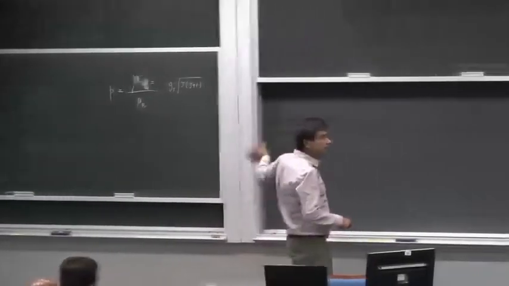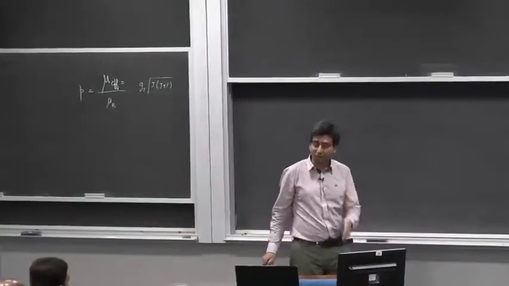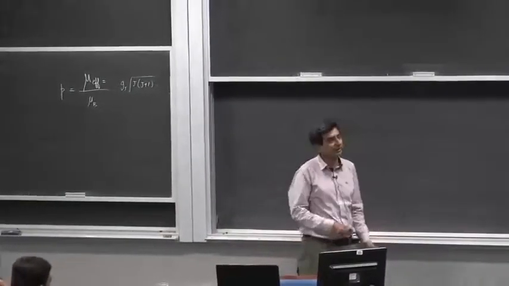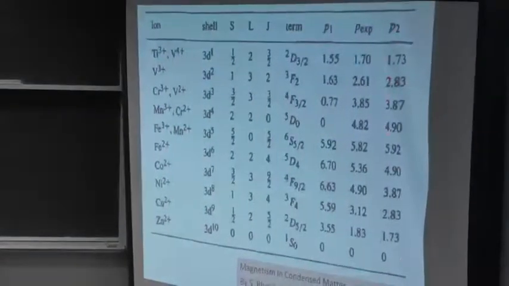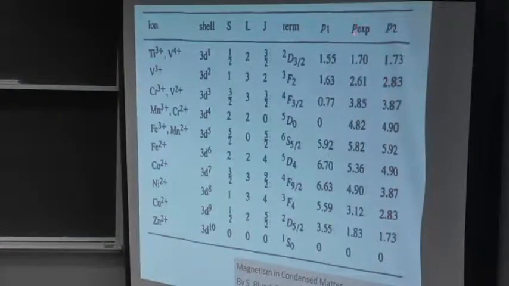If I use these values, instead of using the orbital angular momentum, I use just the spin and I predict what the effective magnetic moment is, then these moments are in fact in good agreement with the experimental values. So something is wrong here. Something is clearly outside the scope of what we've been discussing so far.